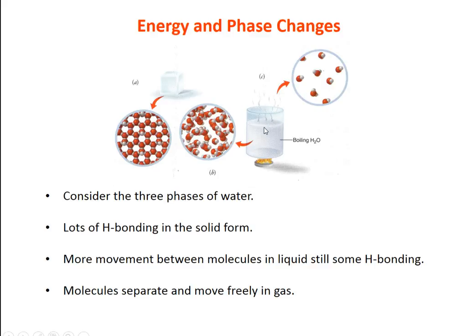The water molecules are lifted from the liquid phase into gaseous form, where the hydrogen bonds do not work anymore. So if we consider these three states of water, we have lots of hydrogen bonding in the solid form, more movement between the molecules in liquid, but still some hydrogen bonding. The molecules separate and move freely in gas. So we need to take note of that.